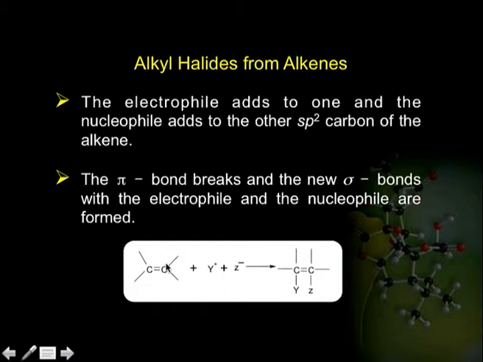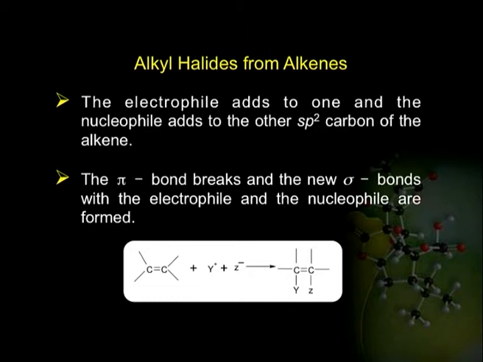So, we have an alkene, a double bond here, and it reacts with the hydrogen halide. There are two parts of the reactant: we have a plus part that is electrophilic in nature, and we have a negative ion or the negative part of that molecule which acts as a nucleophile.